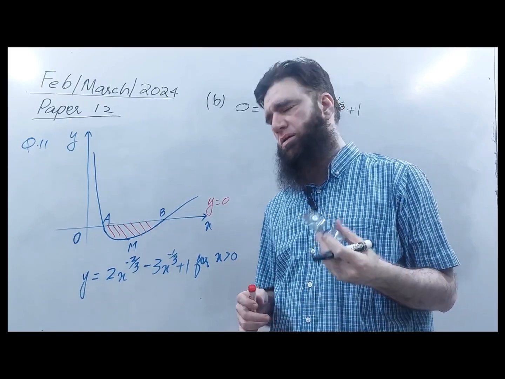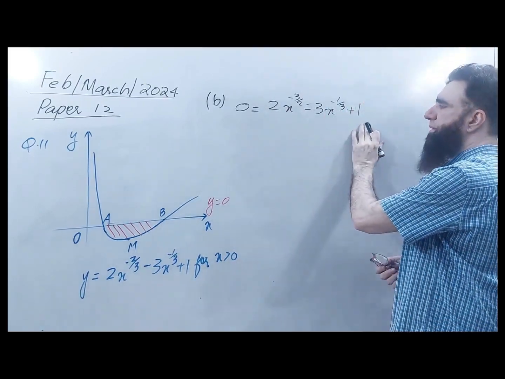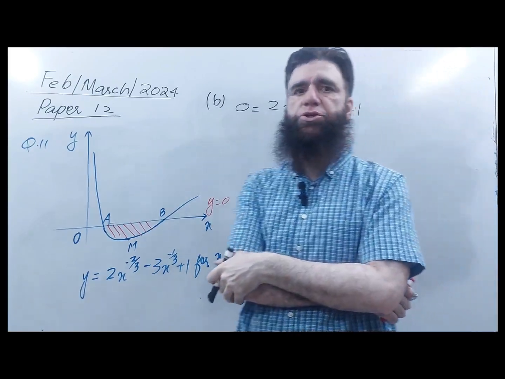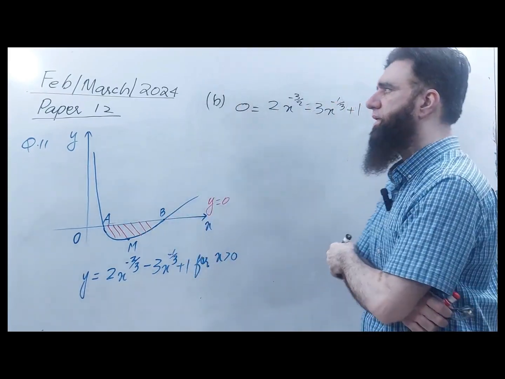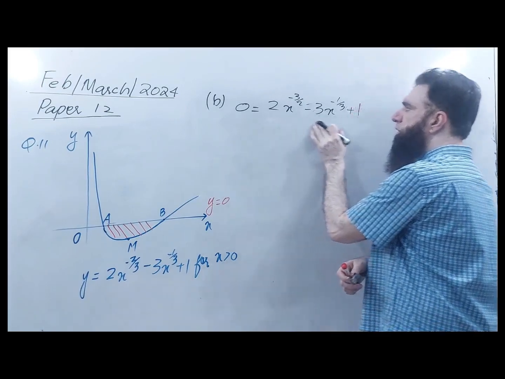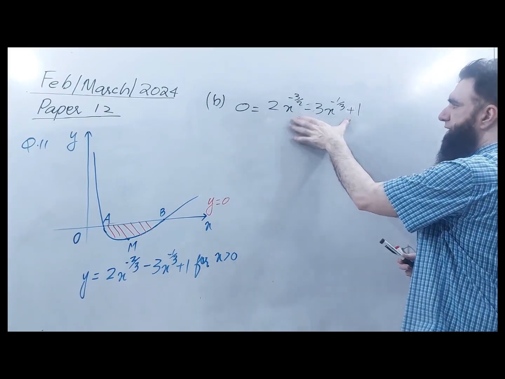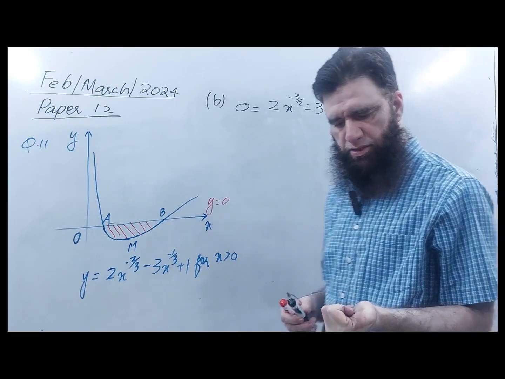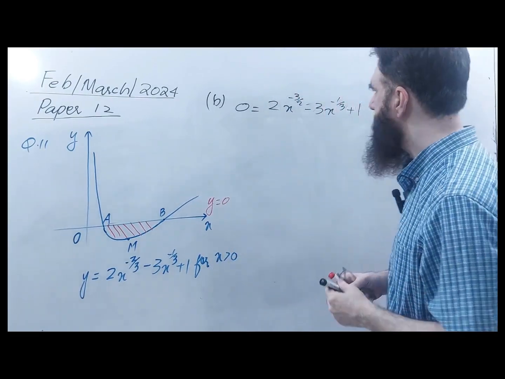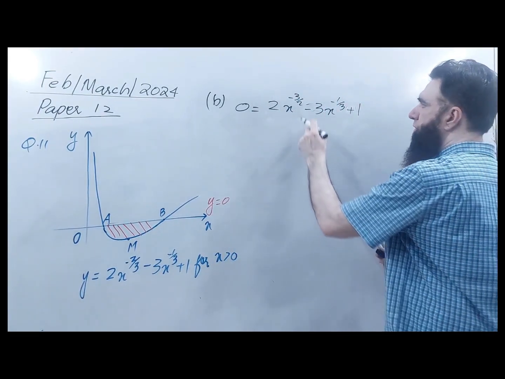I don't exactly recall where this topic is, but there is a topic, equations reducible to quadratic form, in quadratics. This is not exactly a quadratic equation, but you can convert this equation into a more familiar form.